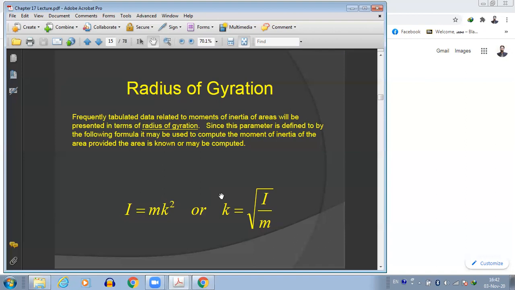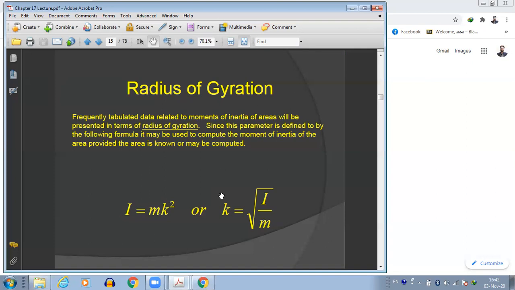Generally, you see we have an axis of rotation, and the mass of the body is distributed across the axis of rotation. But most of the time the mass is not evenly distributed. Suppose we have an imaginary radius across which the mass is so evenly distributed that it produces the same moment of inertia, or resistance to angular motion, as the actual body is producing. Then that specific imaginary radius is known as the radius of gyration.